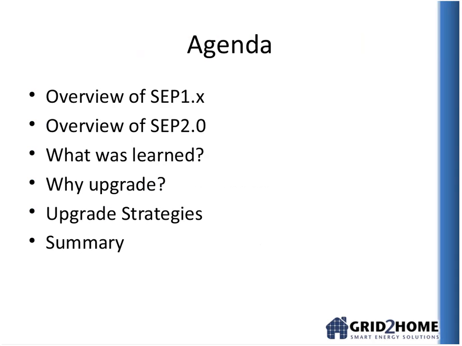So, as I said, I'm going to give you an overview of SEP1 and SEP2, and I think it's important to state a few things we learned. The learning process, of course, is always better the second time around. So there were many improvements made on SEP2, but thanks to the people that put a lot of effort into SEP1, we had that learning experience. I'm then going to discuss why to upgrade and some of the strategies.